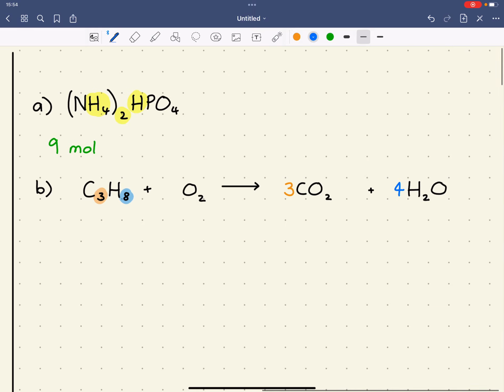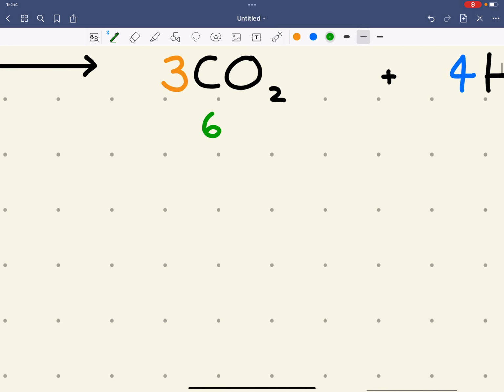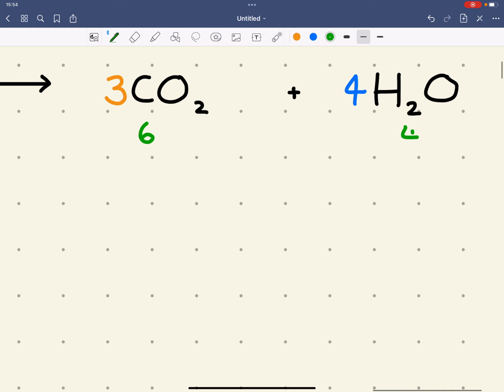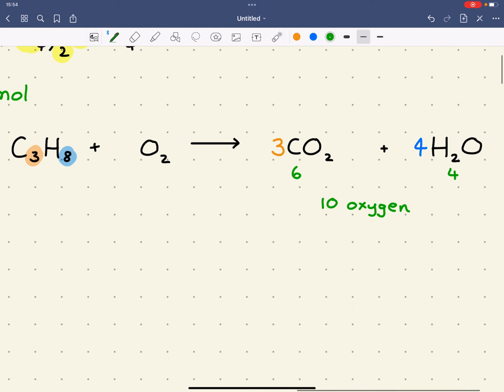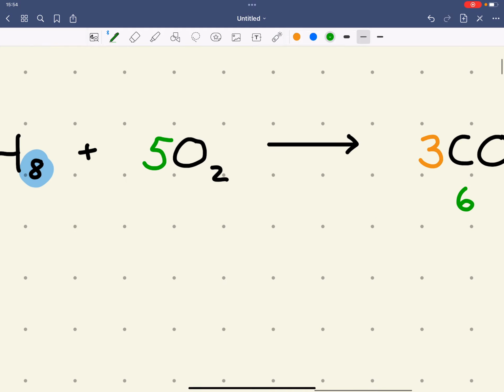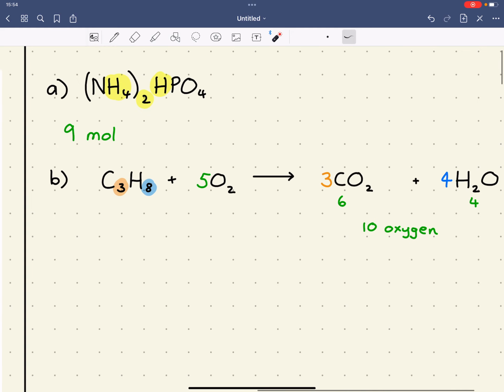And then we simply add up the number of oxygens on the product side. You can see there we've got 6 oxygens there, 4 oxygens there, so we've got a total of 10 oxygens. Therefore, we need 10 oxygens on this side. So we need to put a 5, because obviously 5 times 2 is equal to 10.